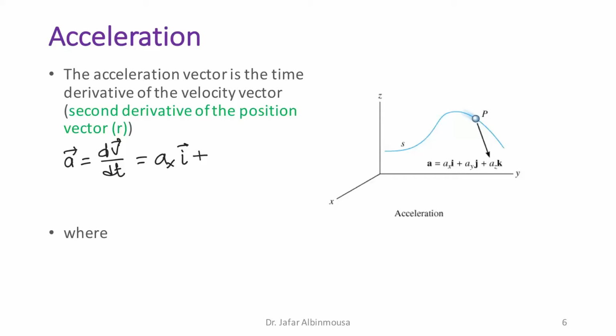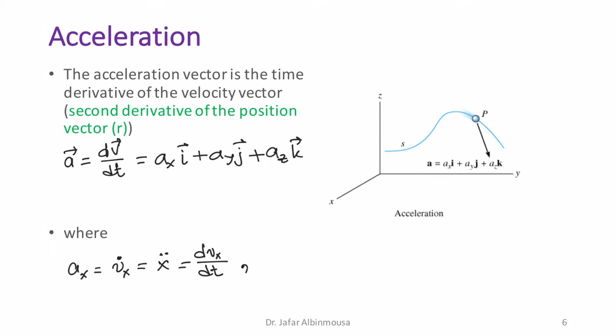ax i plus ay j plus az k. Now, here we have ax equals v dot x, which is equal to x double dot, which is equal to dvx over dt.